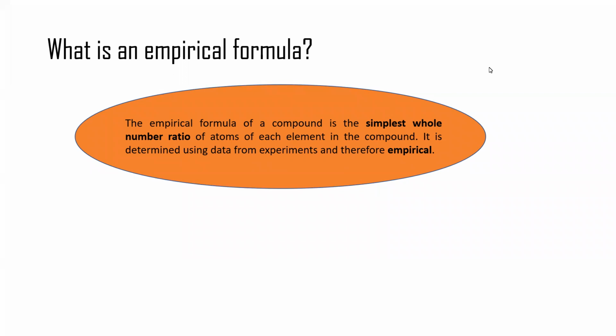For example, if you have glucose, C6H12O6, its empirical formula will be CH2O.